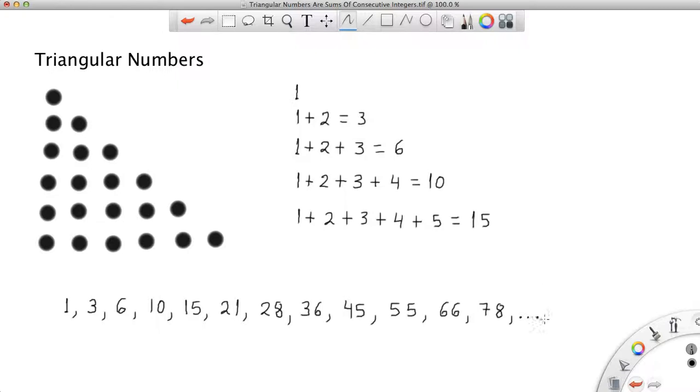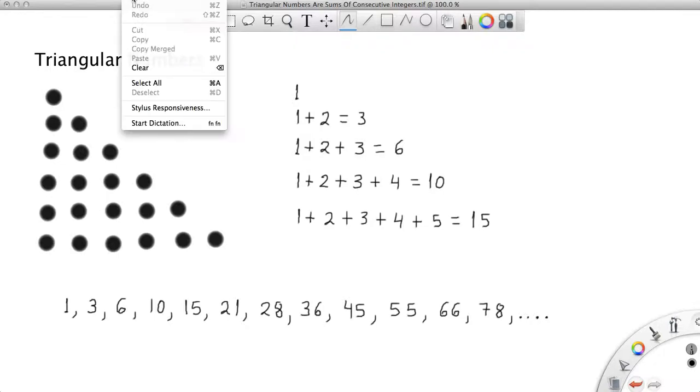Now there is an interesting story related to this sequence, and it's about a boy who lived in Germany somewhere in the 1800s. At that time, when he was going to school, he had a math teacher who used to put his students to solve this problem.